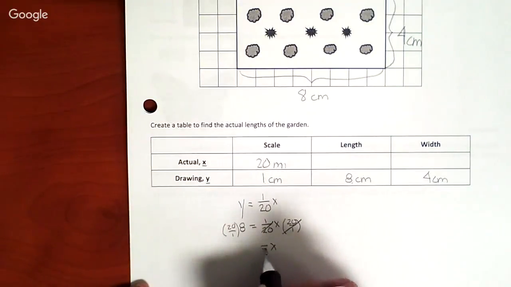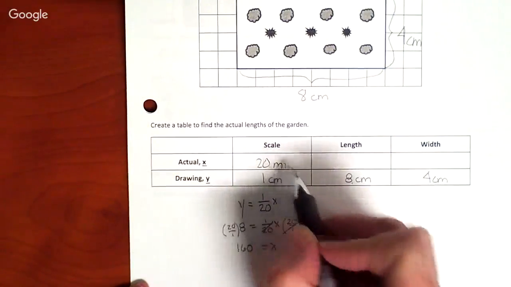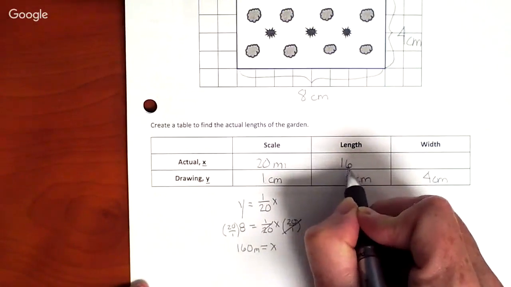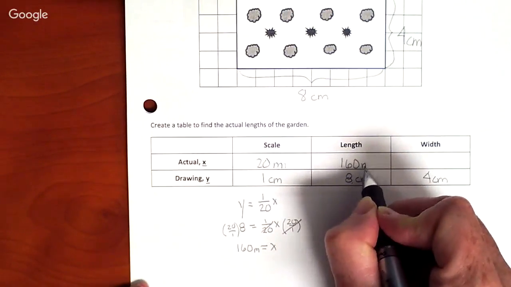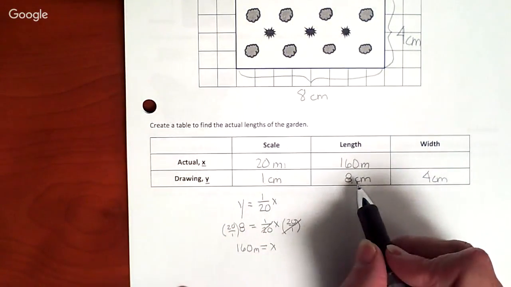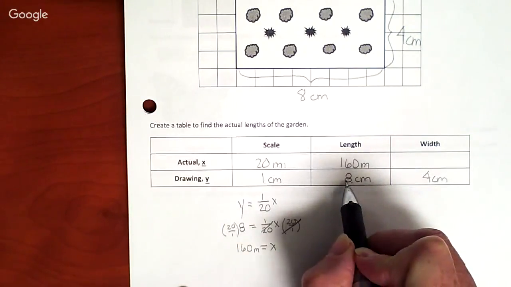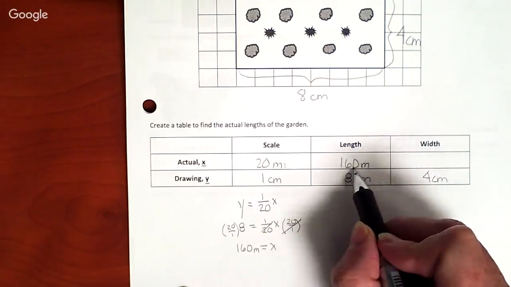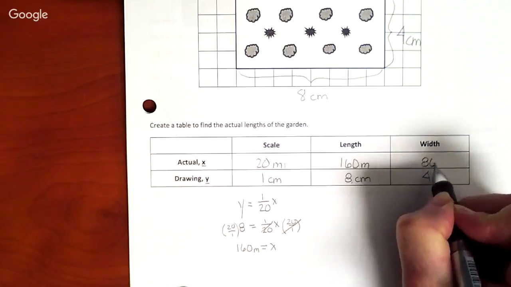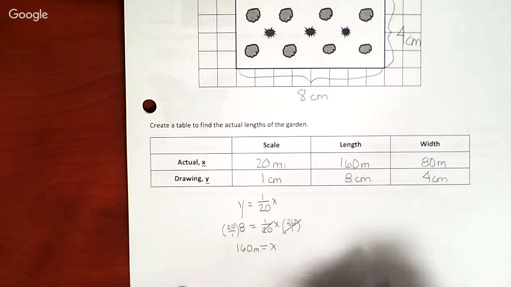So x is going to equal 160 meters. Now, we can use the equation again, or we can just say 4 centimeters is half of 8. So half of 160 is 80 meters. Okay?